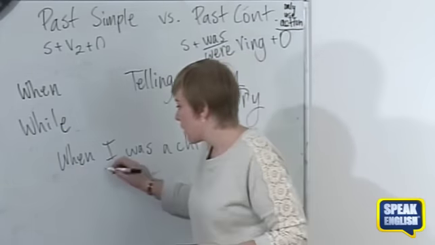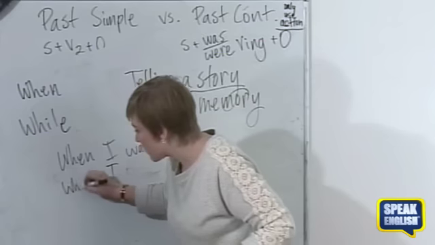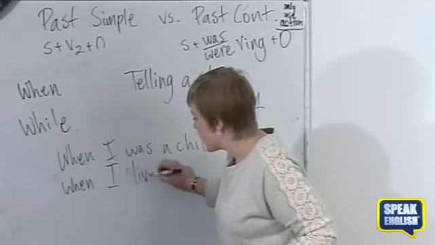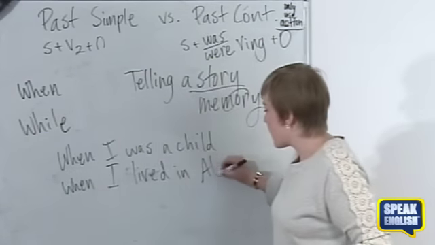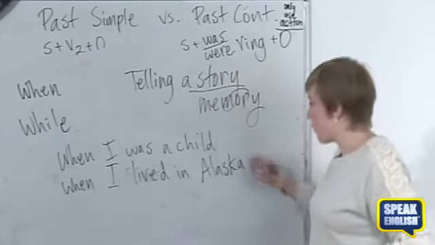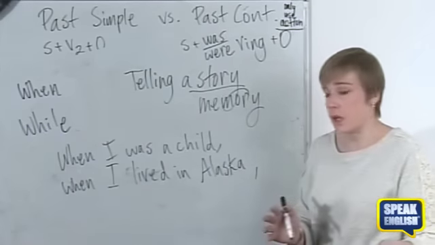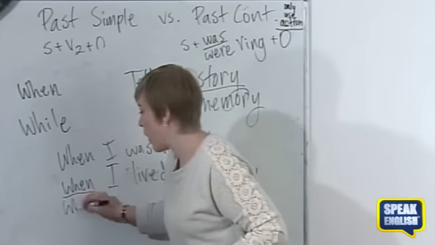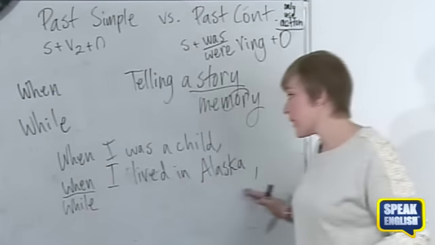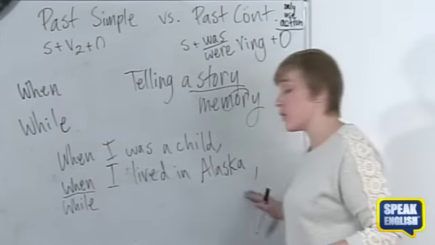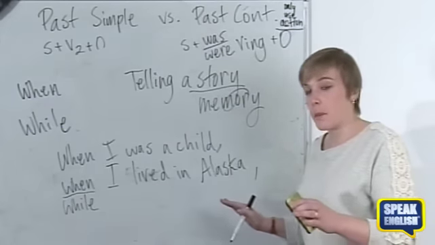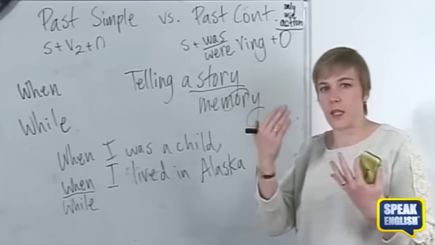Let's say that I use when I lived in Alaska. I'll put our commas here. Maybe it was only 6 months, maybe it was 6 years. I can change it to when or while. When I was living in Alaska, or while I lived in Alaska. It's not a problem because it's all about what you're thinking.